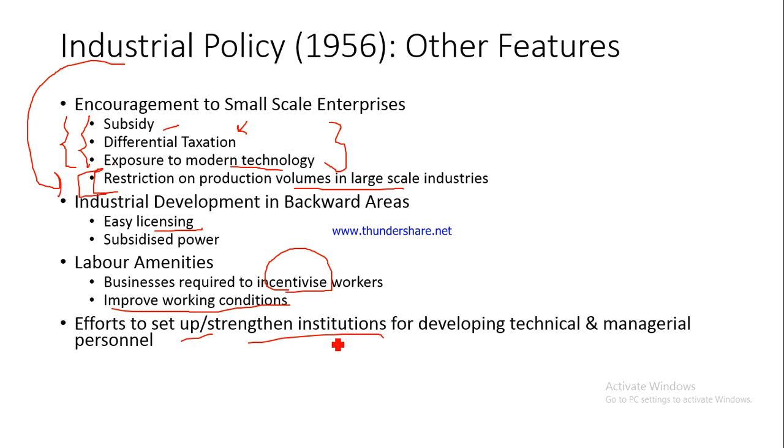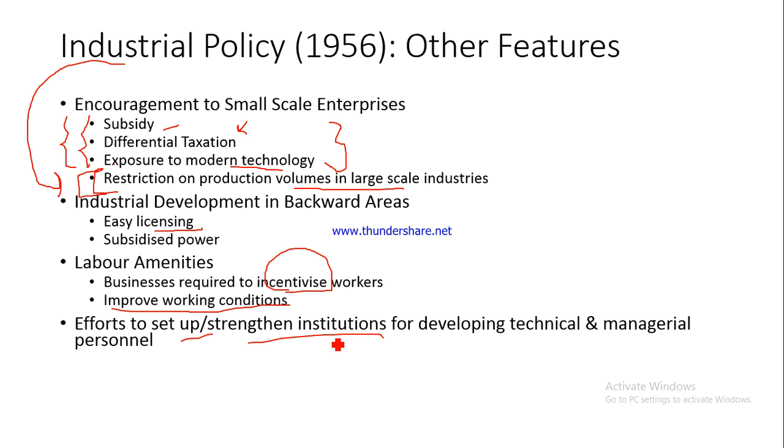So that was basically touched upon by industrial policy 1956, and because of which now we have a number of IITs and IIMs functioning here in India, and producing expert and skilled manpower to serve our own industries here in India.